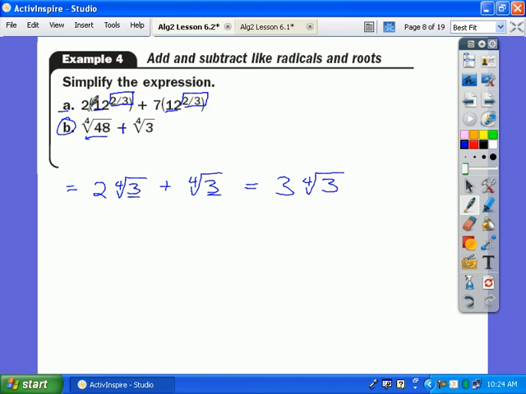I have 2 of them here, and I'm going to add 7 more. So we get 9 times 12 to the 2/3 power. Again, we're only allowed to add as long as we have the same root and the same base. And usually what's going to happen is you're going to have to simplify first, like we did in our first example.